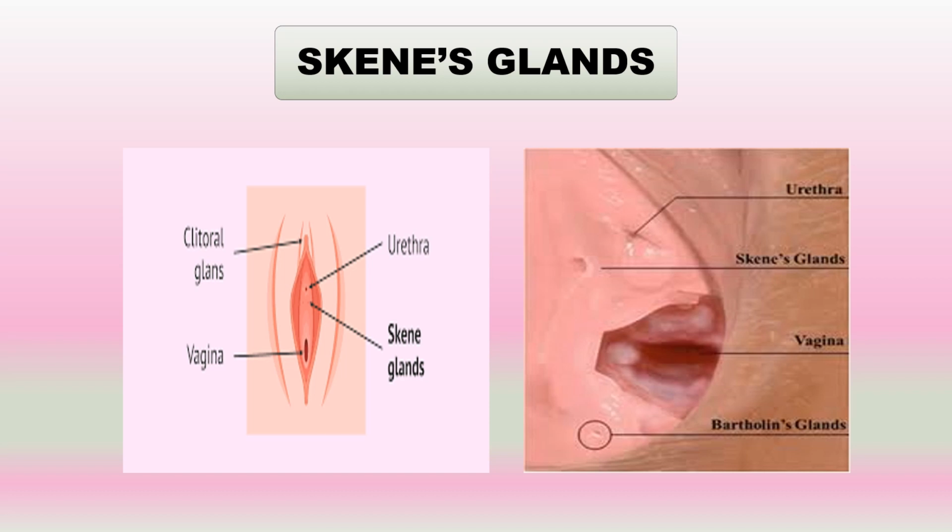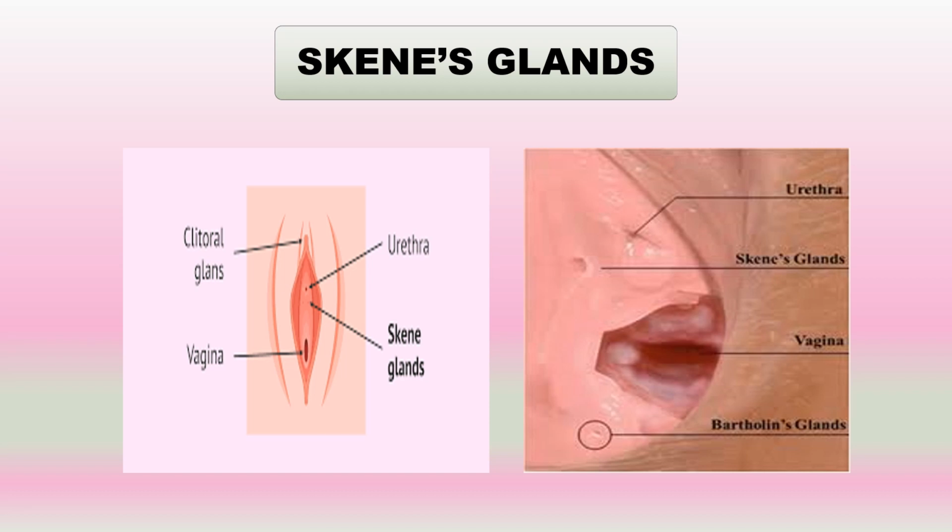They are also known as the lesser vestibular glands, homologous to the prostate glands in the males. There are two glands located on either side of the urethra. These glands are believed to secrete a substance to lubricate the urethral opening, and this substance is also believed to act as an antimicrobial, and this antimicrobial is used to prevent urinary tract infections.